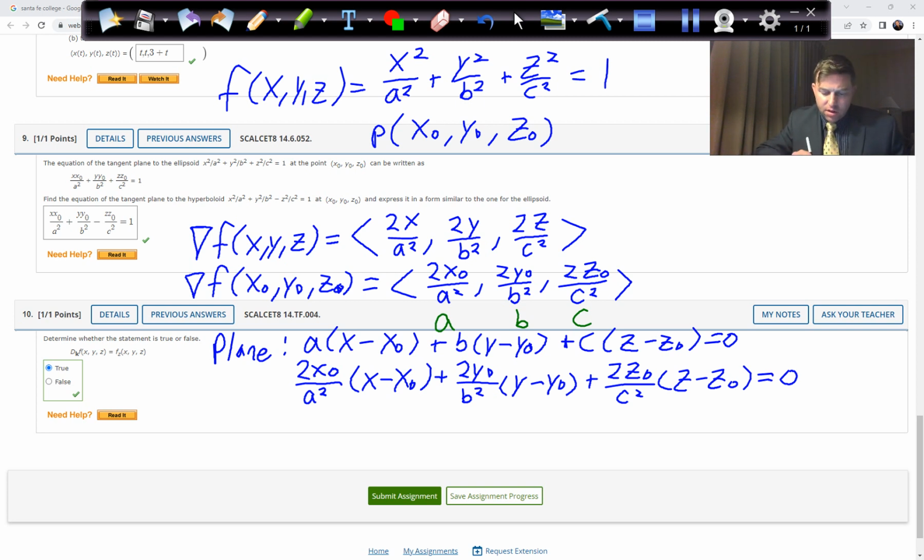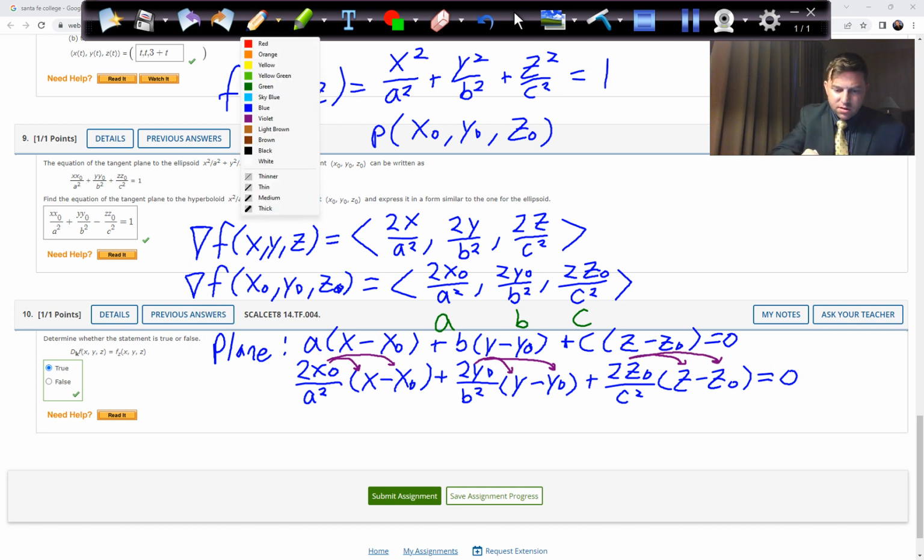Okay, now we're going to have to distribute this term into this one and into this one. And then 2y0 into this one and 2y0 into this one. 2z0 into this one, and 2z0 into this one. Now I need a lot of space for this.